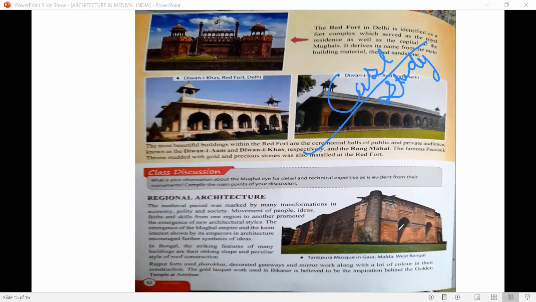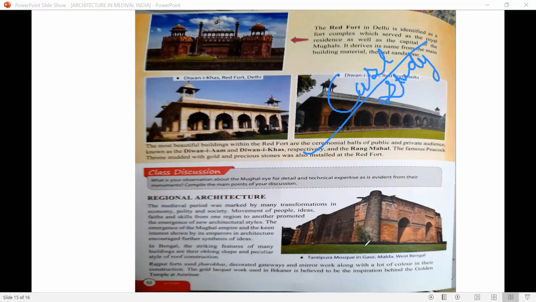If you talk about Pakistan, there are more mosques there. If you talk about India, there are more temples. So the ideas of people are totally different, because of which we have new architectural styles.